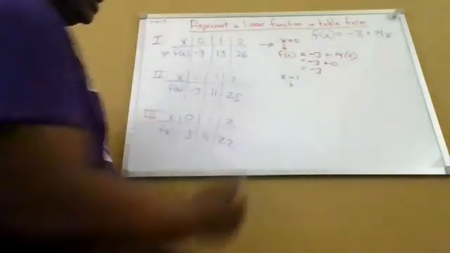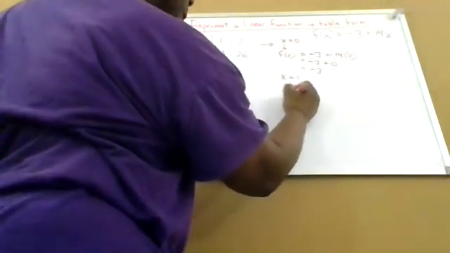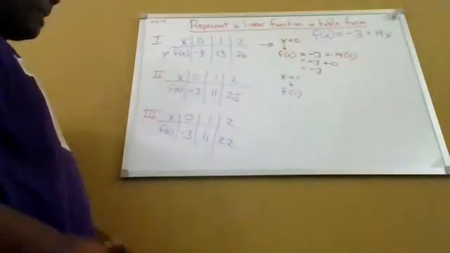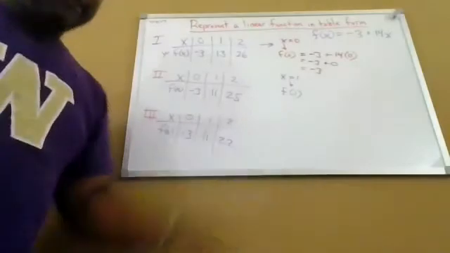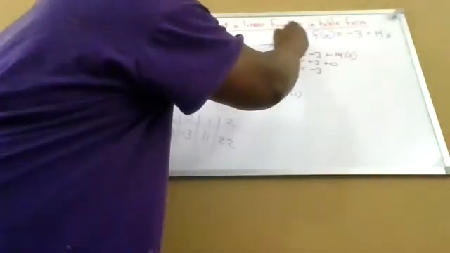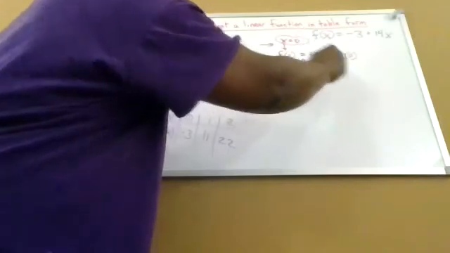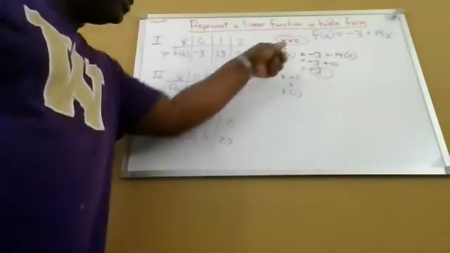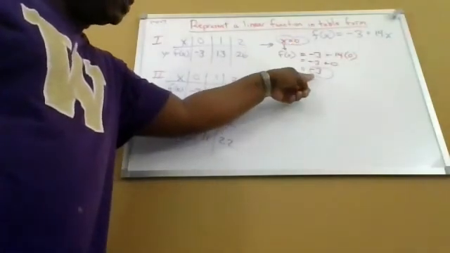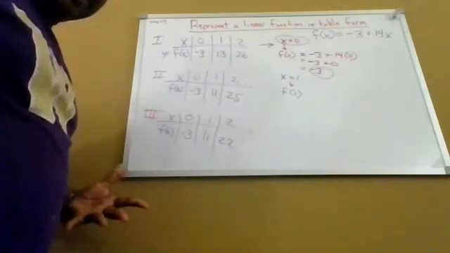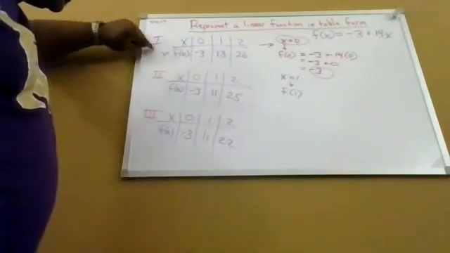When x equals 1, I have f of 1. Oh, let me stop right here for a second. Notice what I just circled here. When x equals 0, y equals -3. Well, that's the same value I have in all three tables.